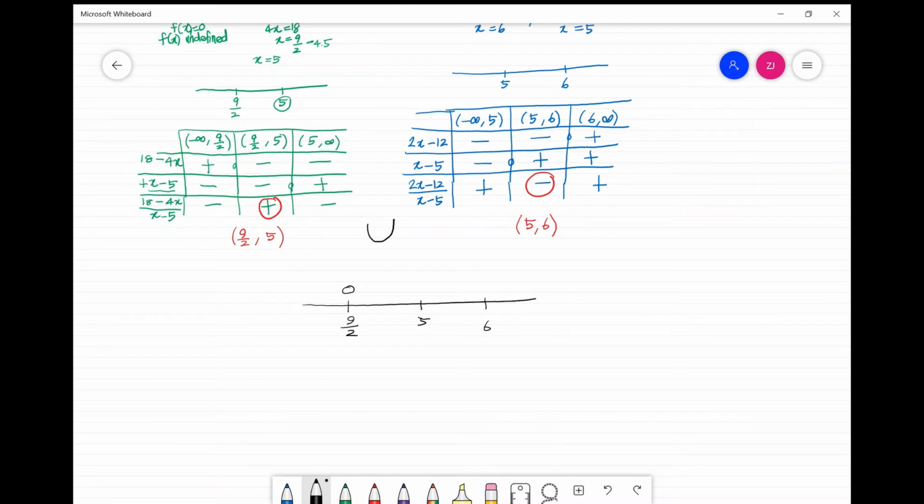We draw this line to represent the first set, and then empty circles to represent the second set, and we need to find the union, which means we consider all. So the answer will be the two sets here, so we just copy them back. So we have 9 over 2, 5, union with 5, 6.